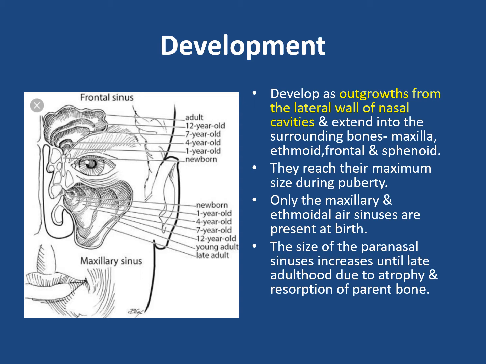Remember, only the maxillary and ethmoidal air sinuses are present at birth, and the other sinuses develop at a later stage. The size of the paranasal sinuses increases until late adulthood due to atrophy and resorption of the parent bone.